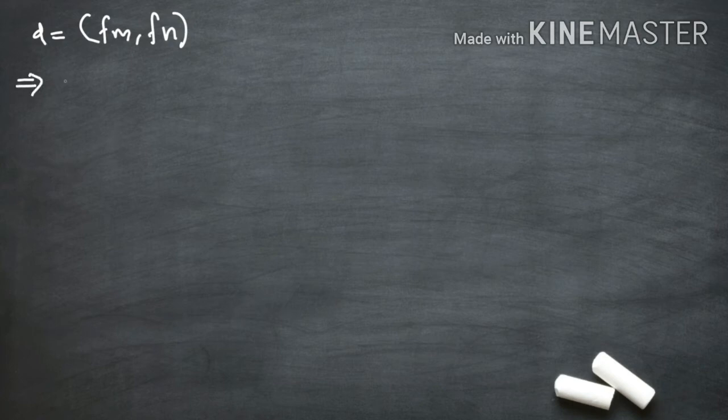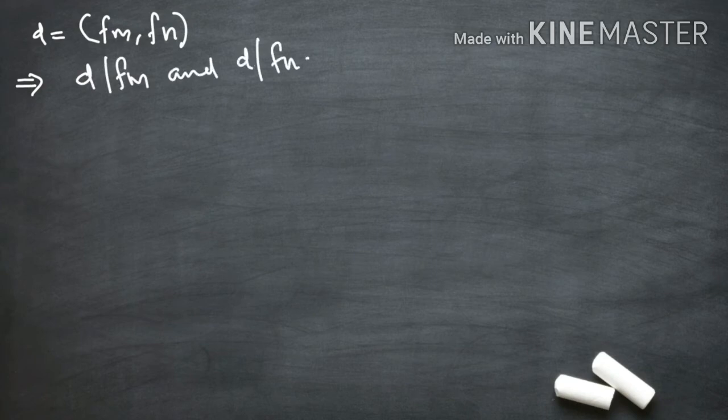We know that if d is the GCD of fm, fn, then by definition it is the greatest common divisor. So d must be a common divisor of fm and fn. That means d divides fm and d divides fn.